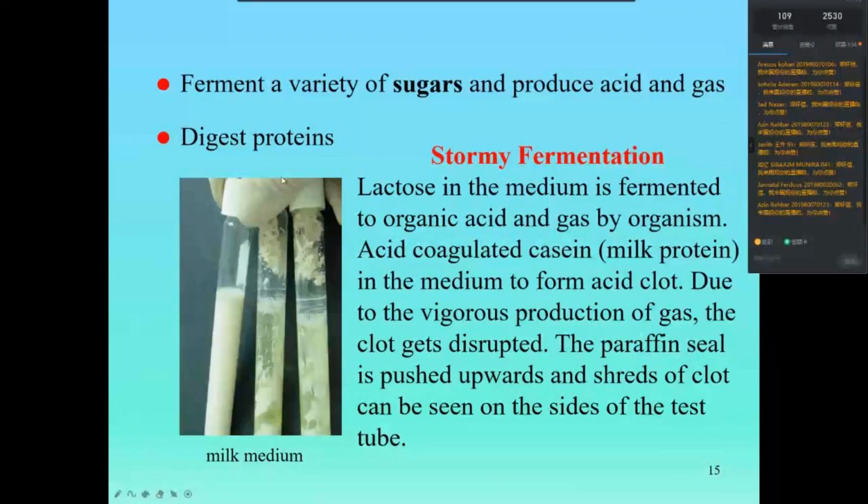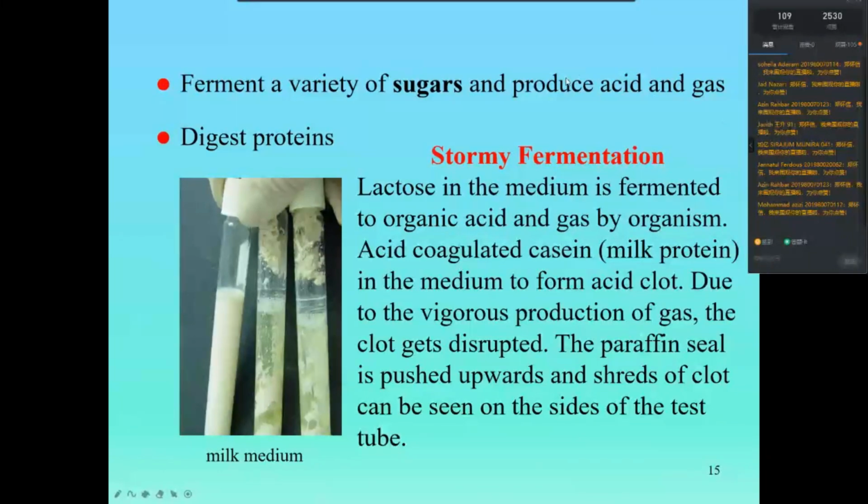And if we culture the bacteria in a milk medium, so that's a medium containing milk, and in milk, there is a large amount of proteins and also sugars, they grow well. And when they grow, they produce a large amount of acid and gas. And the gas will form a lot of bubbles, or foams, and can push the medium up.